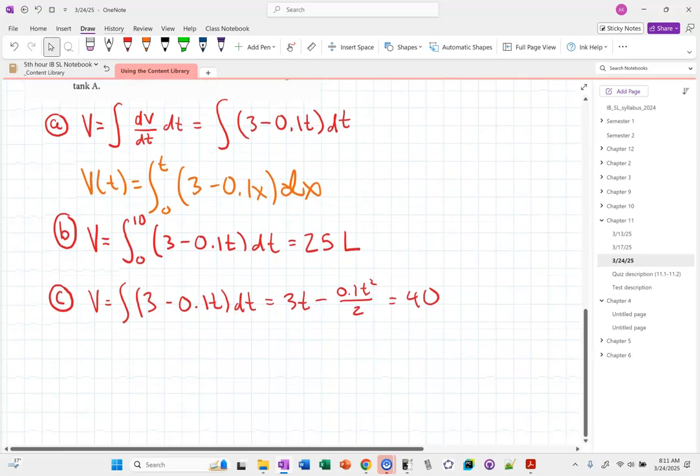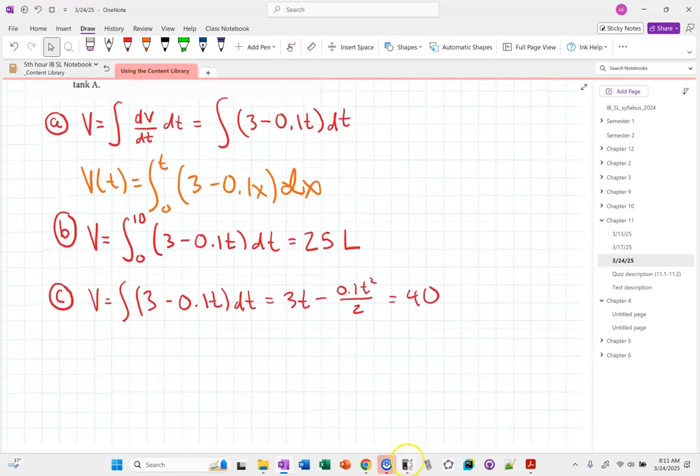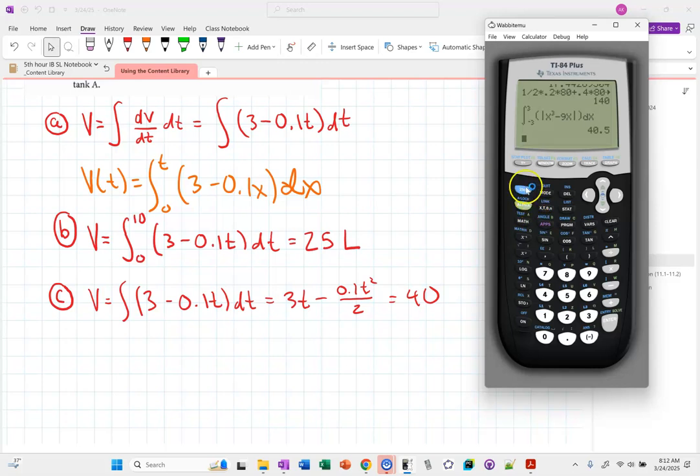So if I solve this then, again, I could do this several ways. And then 40. Now we're going to have to change our window here.